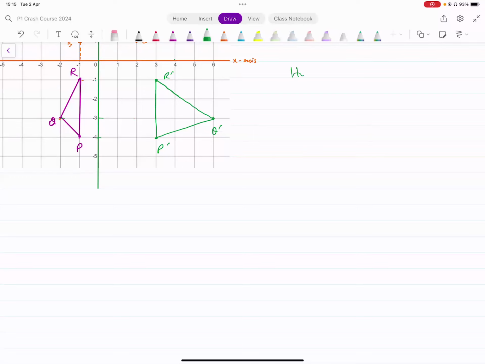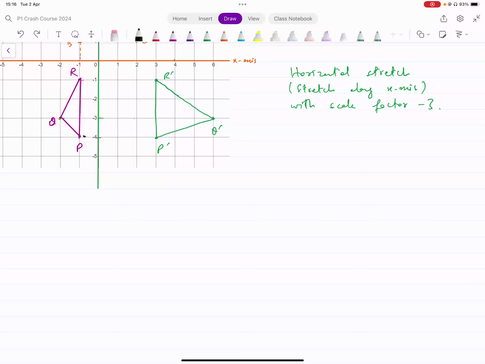Let's write it down. We would say this is a horizontal stretch, or you could say it's a stretch along x-axis with scale factor -3. How do you figure that out? Horizontally, the distance was 1 unit earlier.